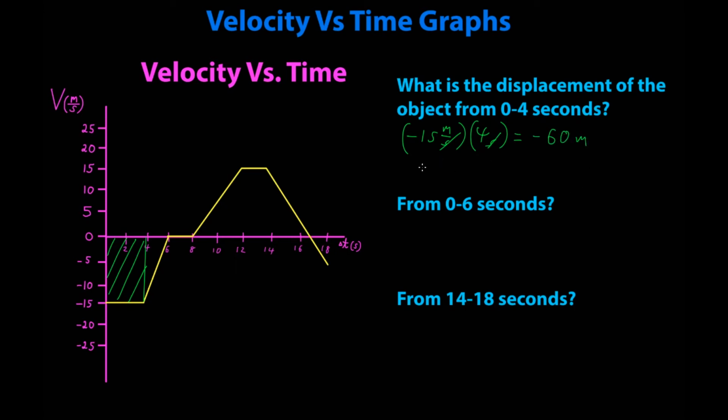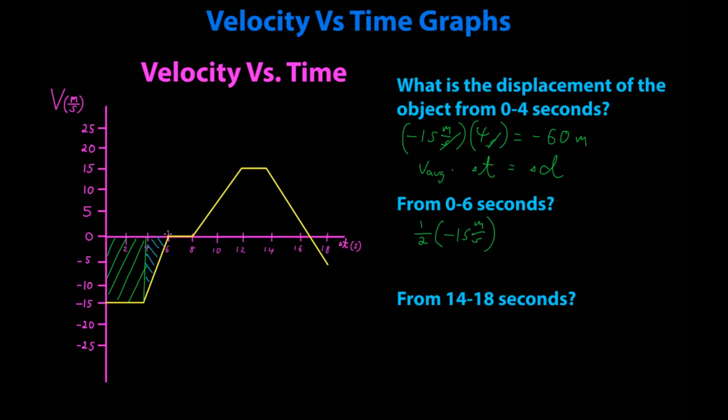Something to keep in mind, what we just did was average velocity times time gets us displacement, which is just our average velocity formula rearranged. How about from 0 to 6 seconds? Well, we already have the area from 0 to 4. Now we just need to add the area from 4 to 6. And since it's a triangle, the area of a triangle is 1/2 height times base. So 1/2, the height again is negative 15 meters per second.